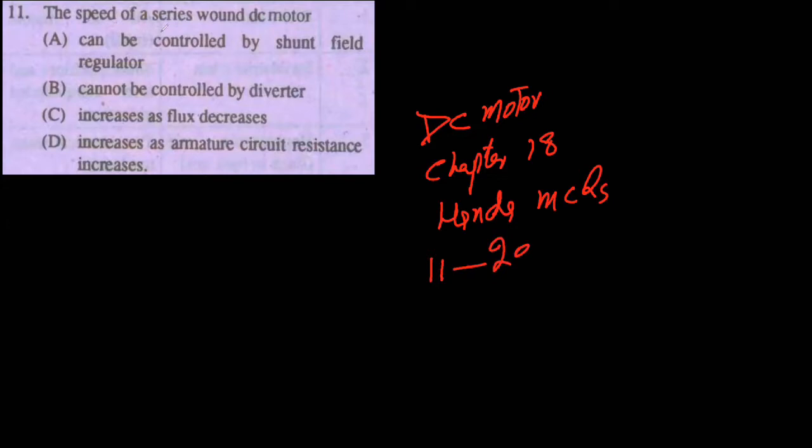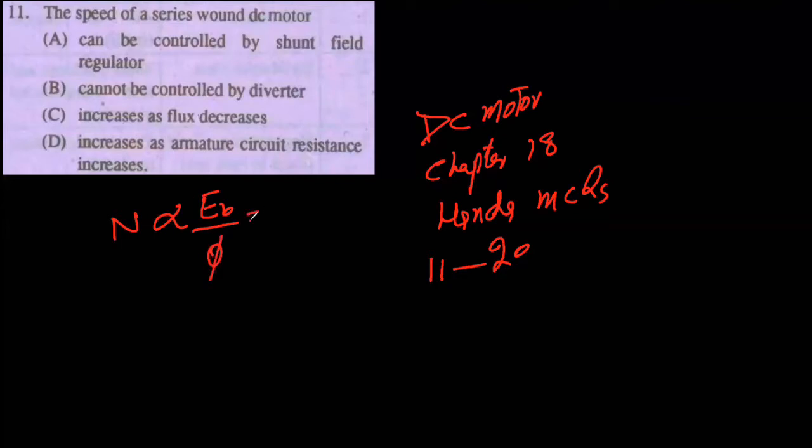So the first MCQ is: the speed of a series wound DC motor can be controlled by a shunt speed regulator, cannot be controlled by a diverter, increases as flux decreases, increases as armature circuit resistance increases. Actually we have a well-known formula: N is directly proportional to back EMF divided by flux.